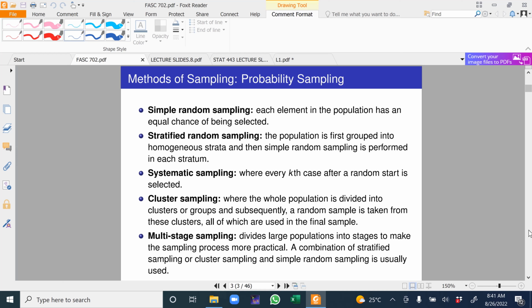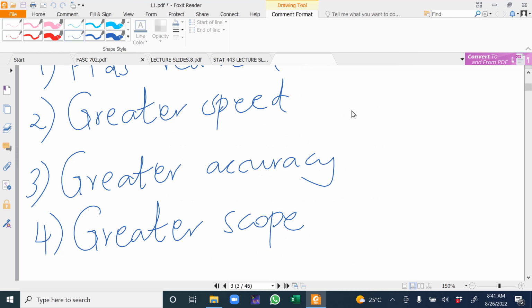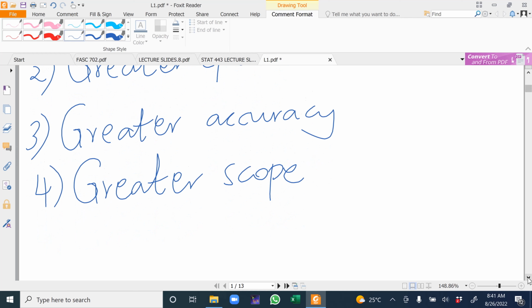Now, in probability sampling, we have various methods, various techniques of sampling. In one of those techniques, we have simple random sampling.